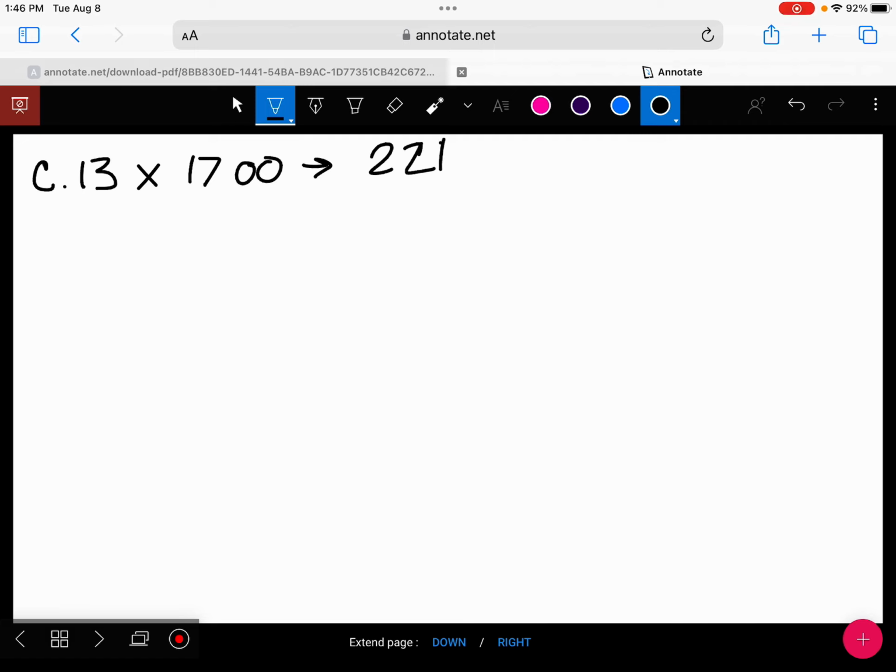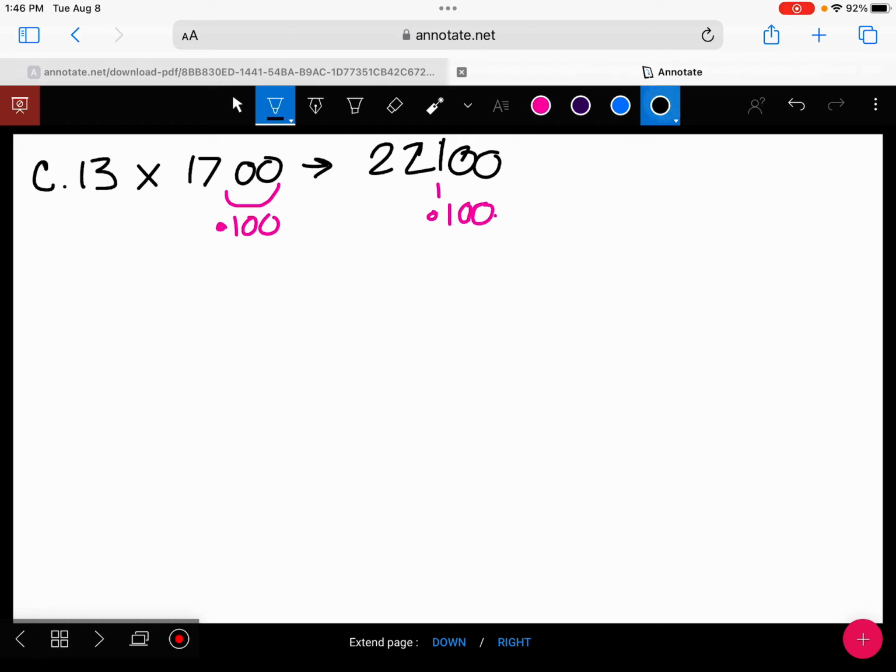Yeah, 221 with 2 zeros on the end. You can think of this being times 100. So we took our 221 times 100.